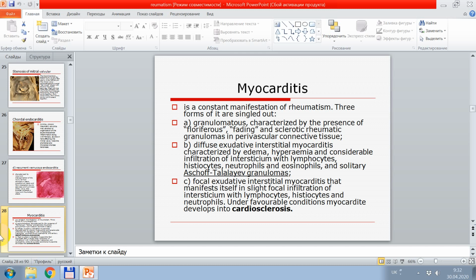And the third variant of myocarditis, focal exudative interstitial myocarditis, manifests itself in slight focal infiltration of the interstitium with lymphocytes, histiocytes, and neutrophils. Under favorable conditions, myocarditis develops into cardiosclerosis.